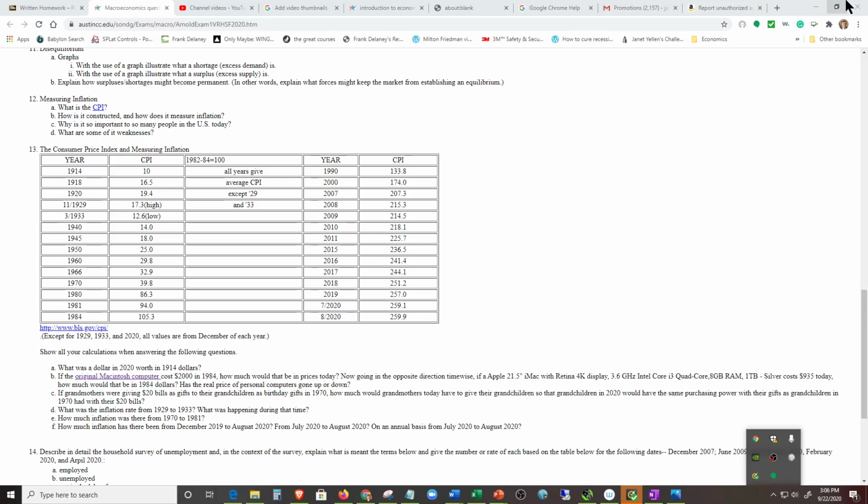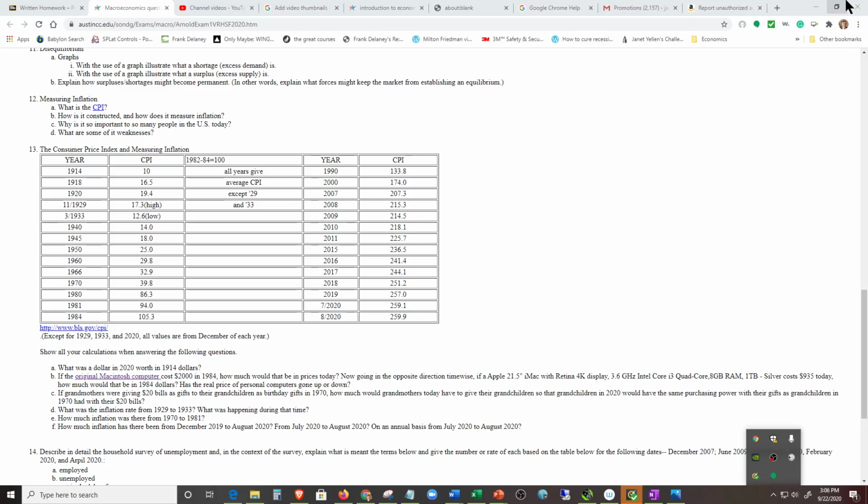And in 13, as you can see, we have some index numbers from selected years from the most recent, in August of 2020, back to 1914, over 100 years ago. So we're going to use those numbers to do the calculations.